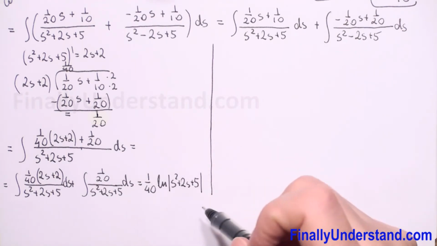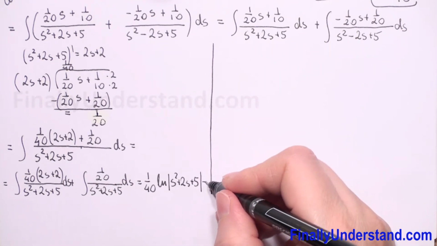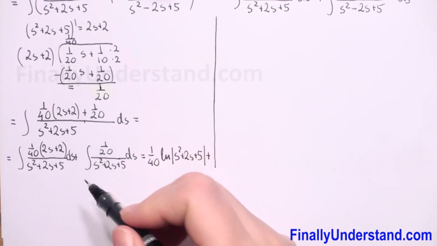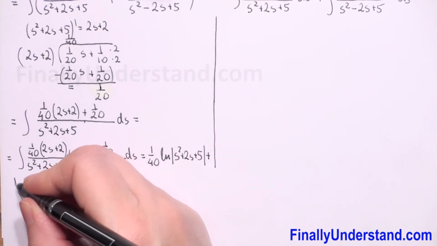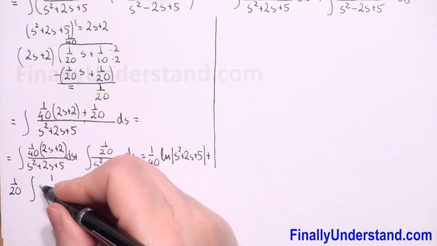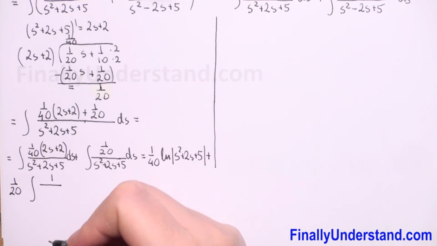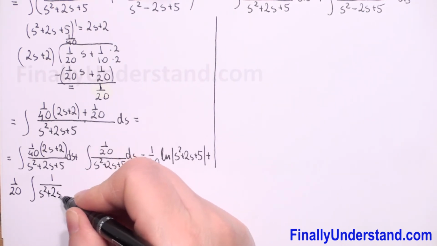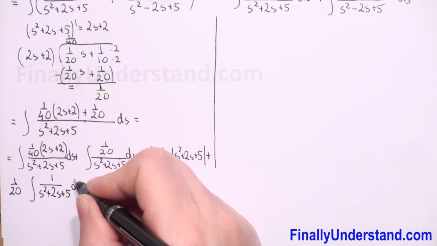The constant we will add at the end, and next we have plus 1 over 20, we can take before the integral, so we have 1 over 20 integral of 1 over s squared plus 2s plus 5 with respect to s.